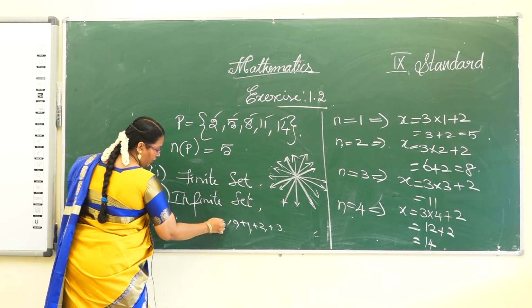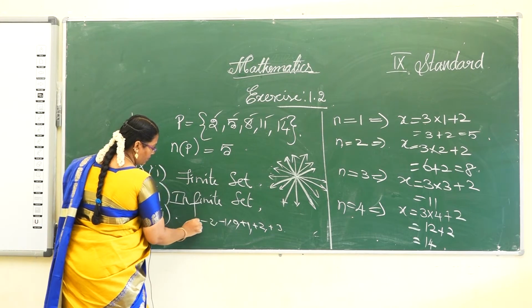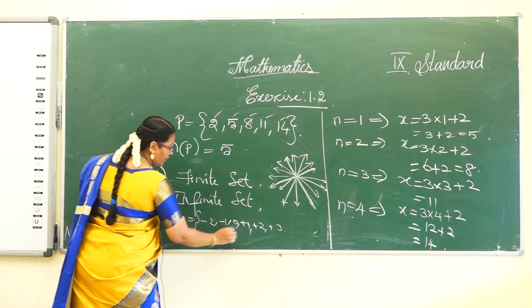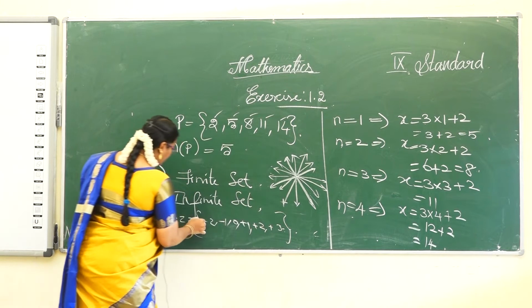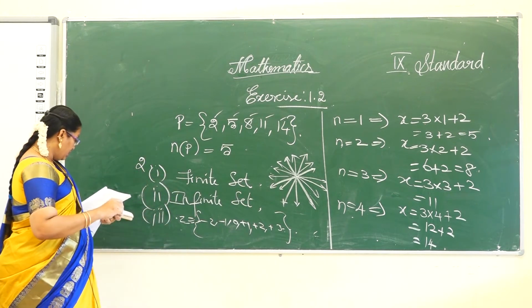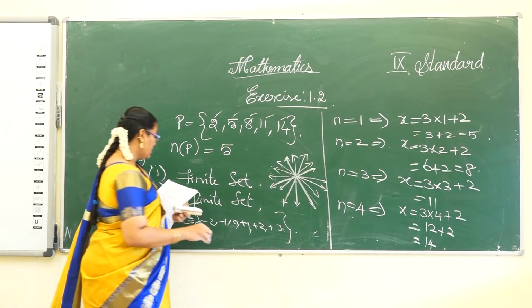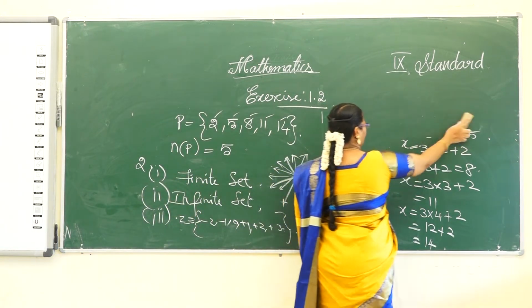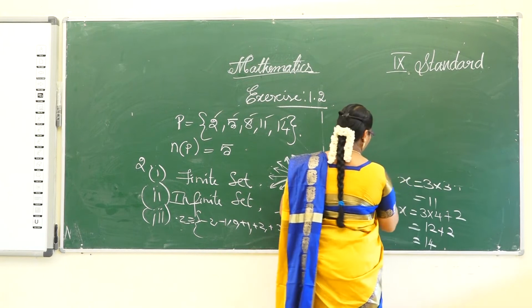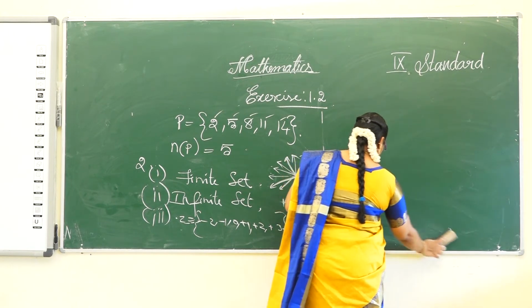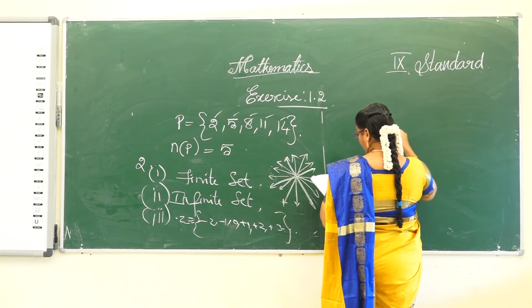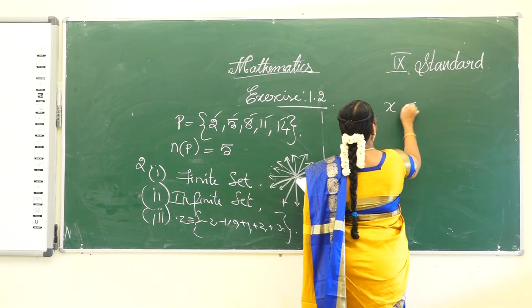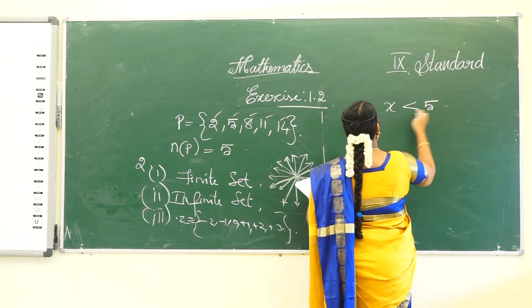So negative numbers minus 1, minus 2. So Z is a form of integers. So here the condition is x is less than 5.